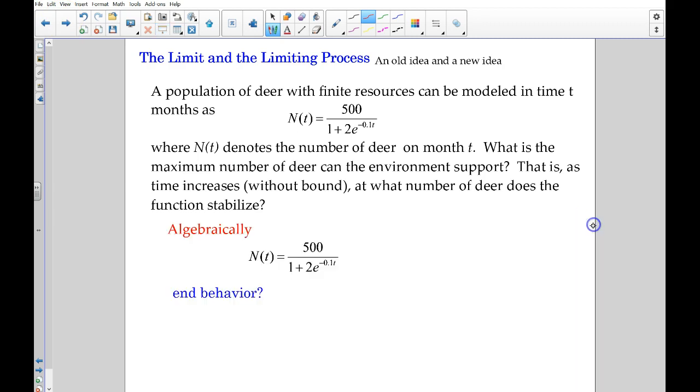And of course there is a third way, which is algebraically. Algebraically we actually have to think about the end behavior. End behavior is what happens to the function in the long run. So as t gets arbitrarily large, like millions, billions, what happens to the number of deer?